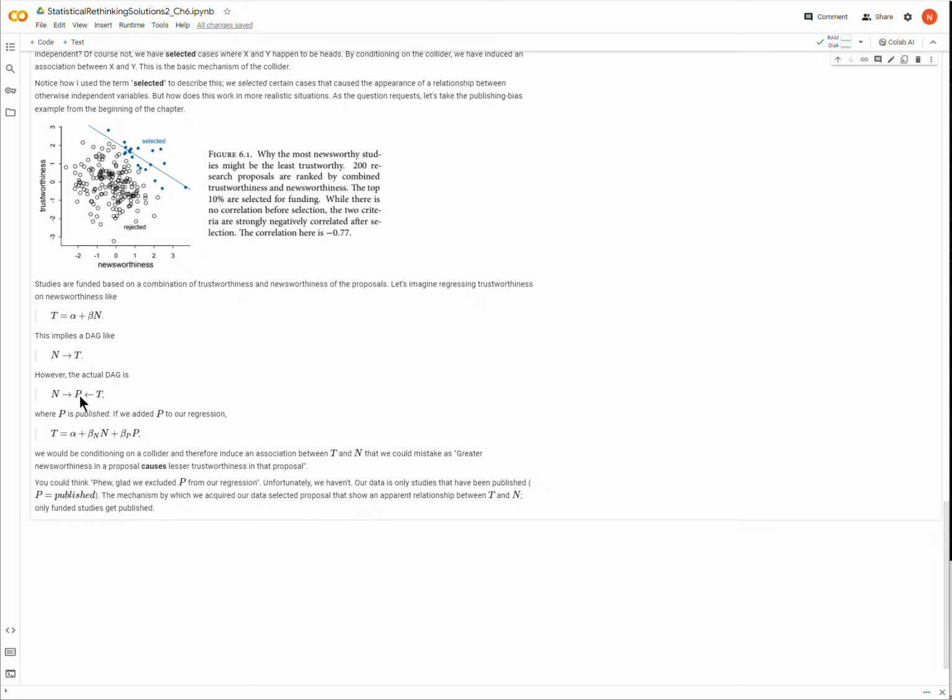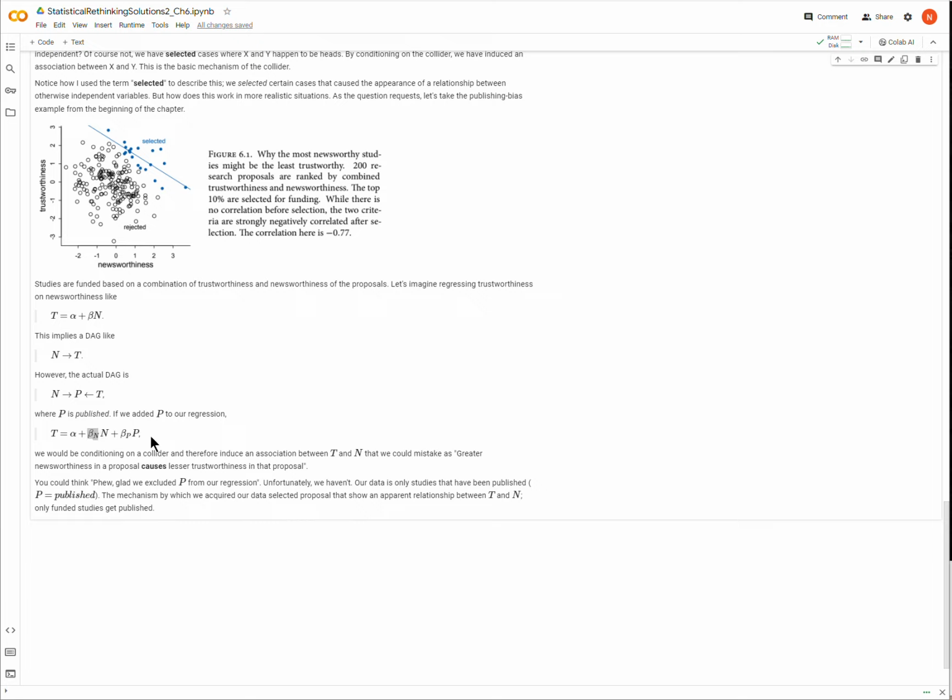And that's generally a no-no, because all of a sudden we are inducing an association between N and T. And that would mean that in our regression, the beta term for N would be revealing some kind of association between T and N. And we might mistakenly believe, based on the outcome of that regression, that newsworthiness is somehow causing trustworthiness. And according to the data up here, the more newsworthy something is, in other words, the more attention grabbing, the less trustworthy it is.